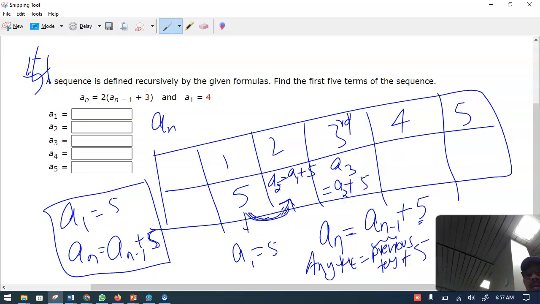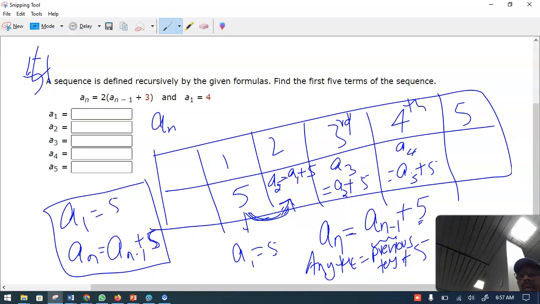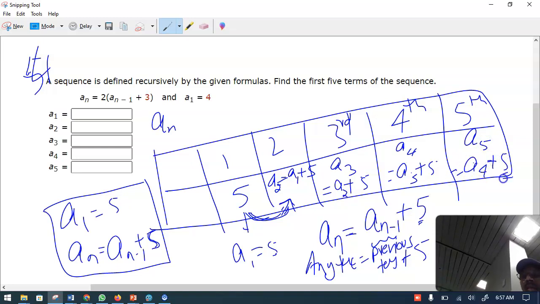If it is the fourth position, a4 is a3 plus 5. If it is the fifth position, a5 is the previous one, the fourth, plus 5. So the 5 is the main important number. And another thing is you also have to write n greater than or equal to 2, because the 1 is already taken care of. A1 is 5, and this is n greater than or equal to 2.